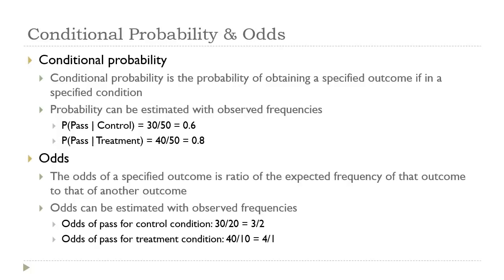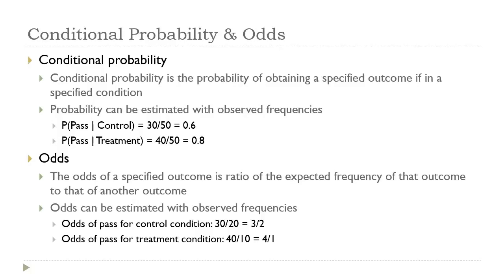But we can also measure this with odds, and odds are what we usually use when we have a categorical response variable. Odds are related to, but not the same as, probability and proportion, and thus they take a little bit of getting used to, especially when you're seeing them for the first time.